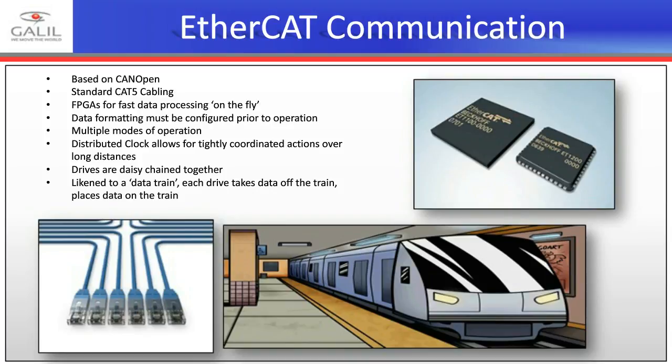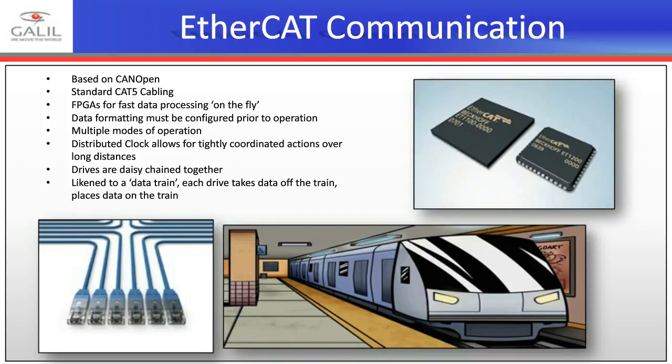Drives are typically assembled in a daisy chain topology. So you have your EtherCAT master wired directly via Cat5 into your first drive, which then has a 2-port Cat5 switch, which then runs to the second drive, and so on.